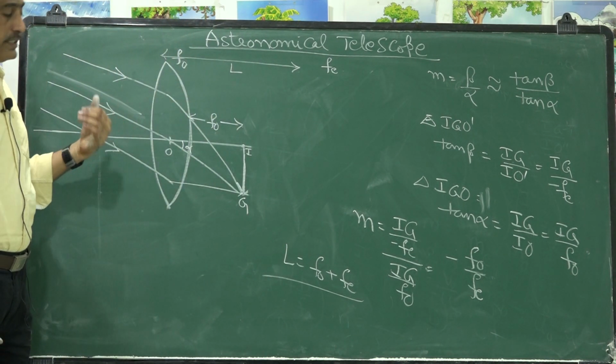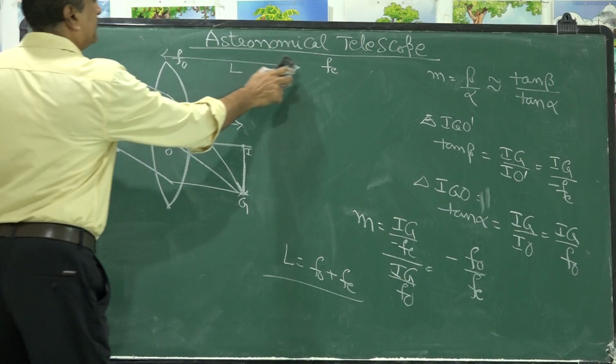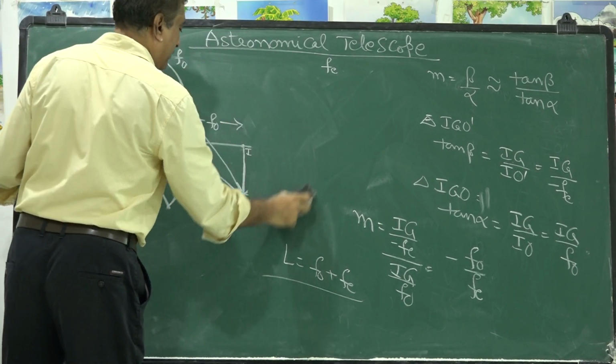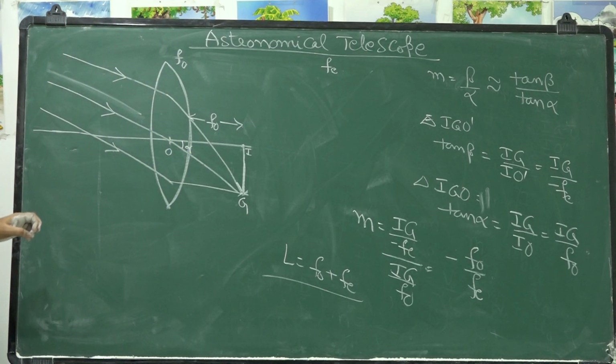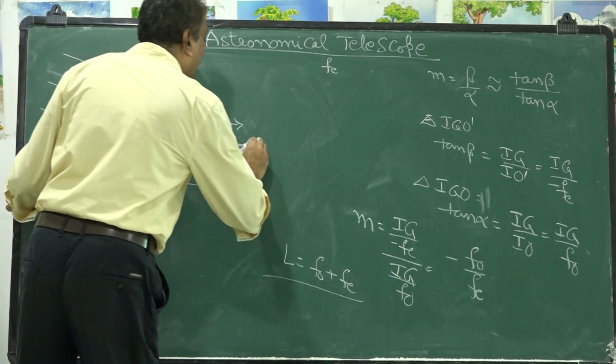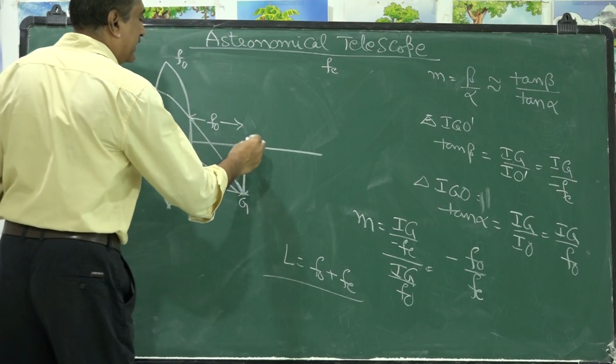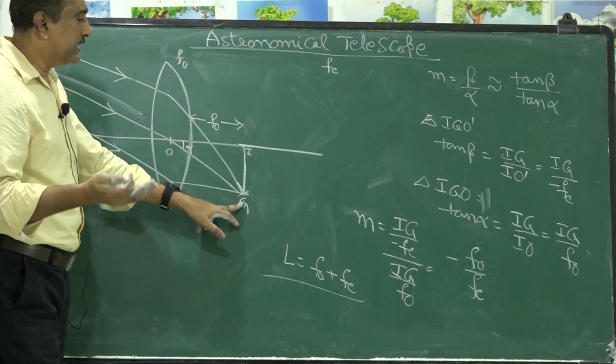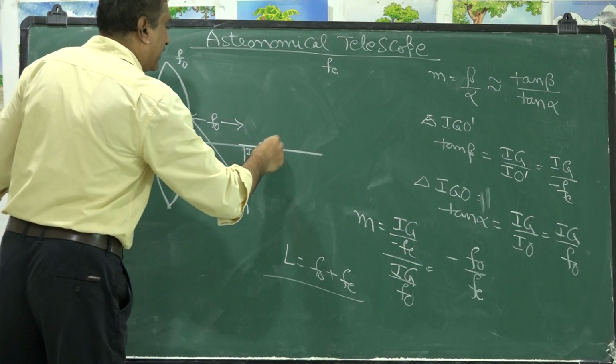To get the image at the least distance of distinct vision, we have to adjust such that this image will be in between the focus and the optic center of this objective lens.